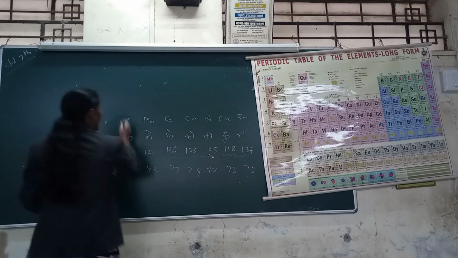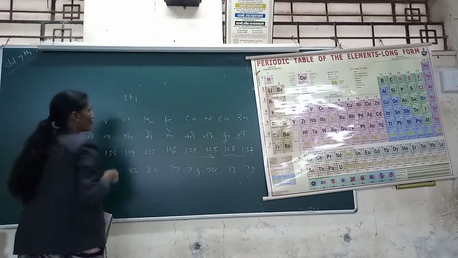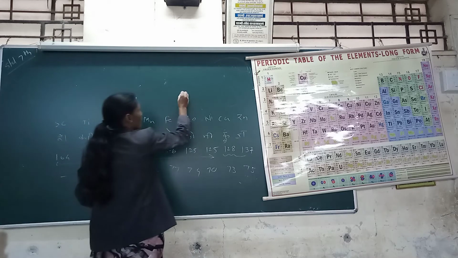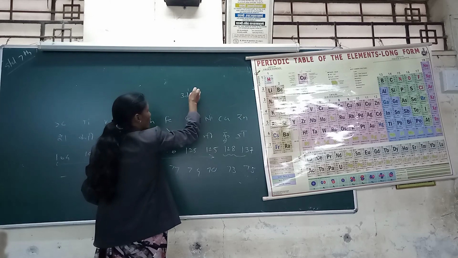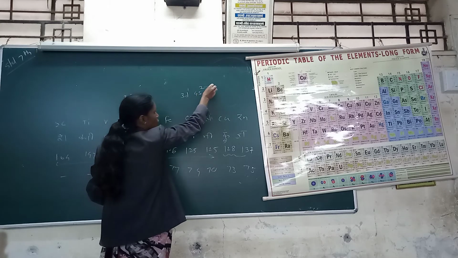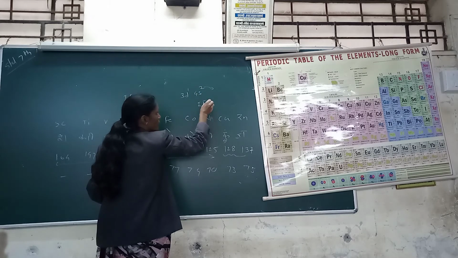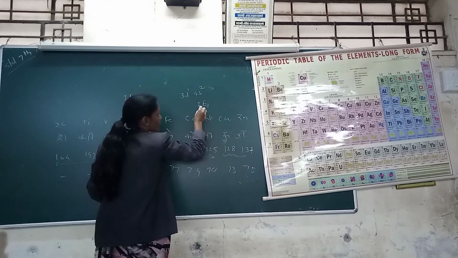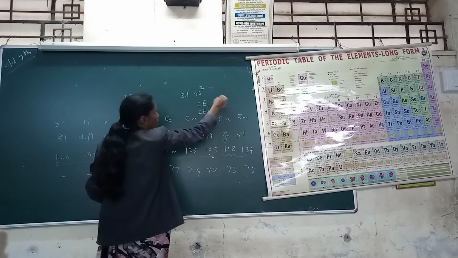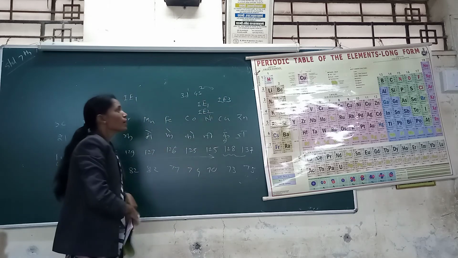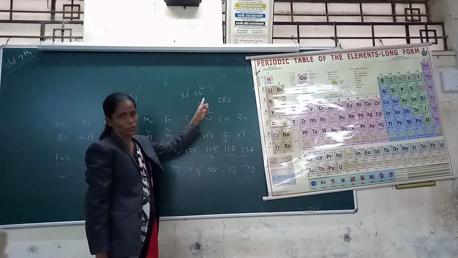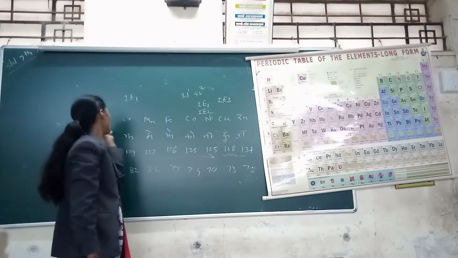The ionization enthalpy is also IE1, meaning after loss of one electron, because scandium is 3d1 4s2. If one electron is lost, it is IE1. If another electron is lost, IE2. If a third electron is lost, IE3. The first ionization enthalpy means getting a +1 charge, scandium plus.